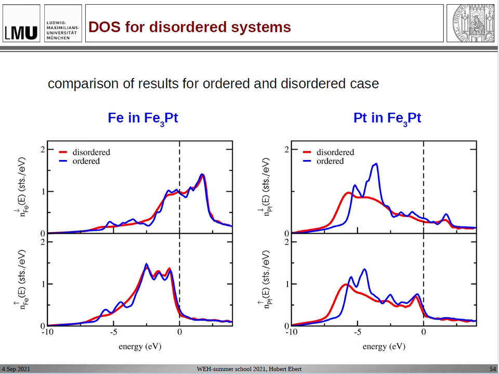We did the calculation for the ordered ones in blue, quite structured, but more blurred out because of the disorder, and it's more important for the platinum side. Running the calculation for iron 75, platinum 25% on an FCC lattice, while the other calculation has been done for copper 3 gold lattice.